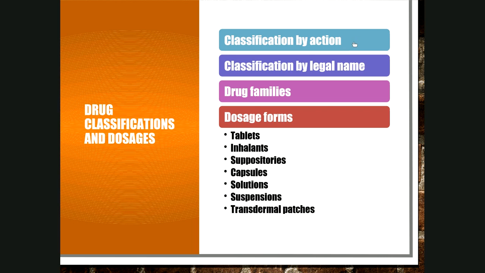When they're classified by their legal classification, then they're either prescription drugs or non-prescription drugs. And non-prescription drugs often can be referred to as over-the-counter drugs or OTC drugs. And another group that is found to be obtained without a prescription are called the dietary supplements.